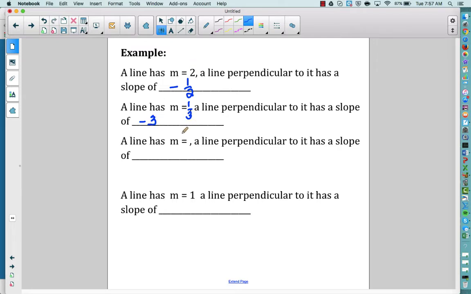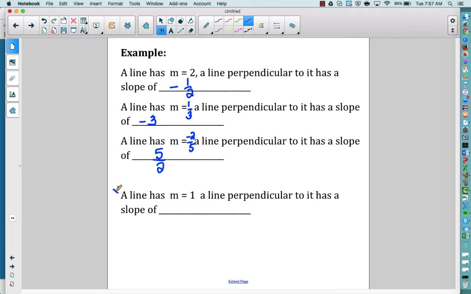All right, if a line has a slope of negative 2/5, a line perpendicular to it has a slope of, okay, so we do its opposite, we make it negative. So if it's already negative, it's going to become positive, and we flip it. So my slope would be 5/2.